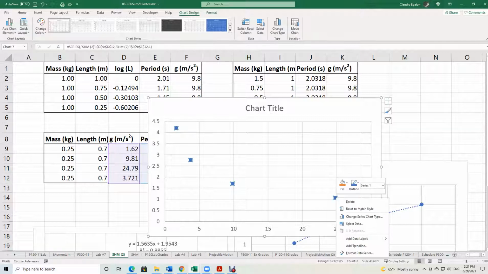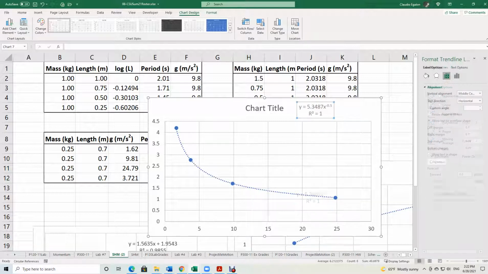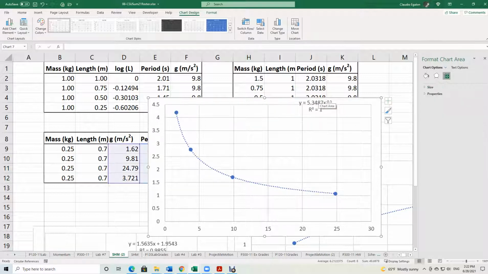If we put a power trend line, we should get the negative square root, and that's exactly what I got, negative 0.5. So that's what we have here for this lab.